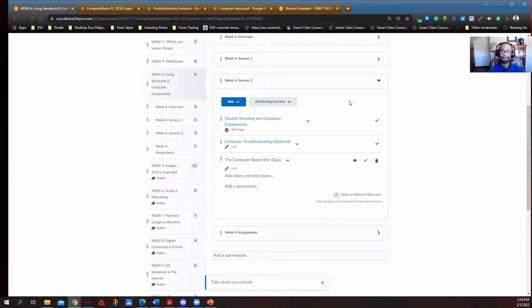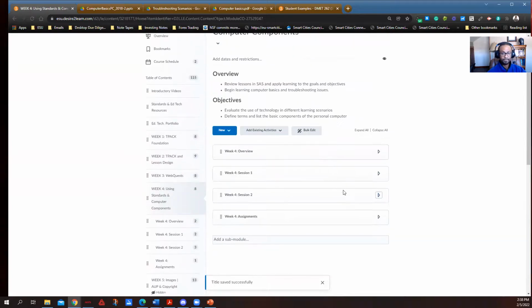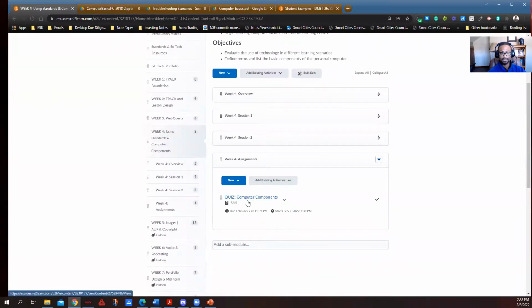Okay, so now what, right? Well, try not to make things too complicated. There's only two assignments. There's the quiz on computer components here. I do not put the Dropbox for the web quest here because I'm trying to keep things simple.